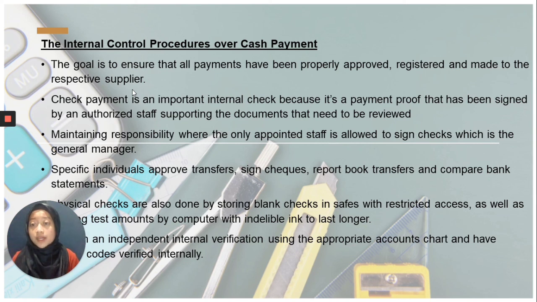Here, payment is an important internal check, where a payment proof must be signed by an authorized staff member and the supporting documents need to be reviewed. So the individual approves the transfer, signs the transfer, and collects the bank statement.